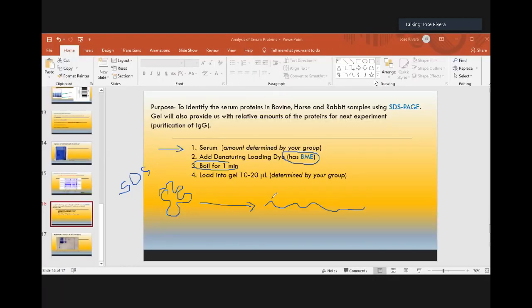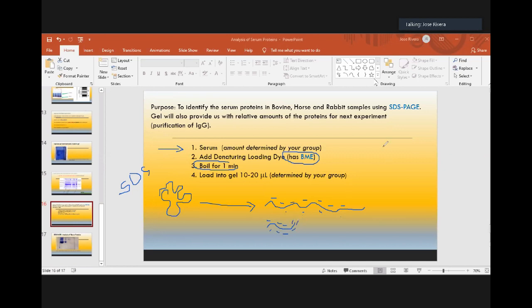The SDS makes this protein negative. And so regardless of the size, the protein is going to be surrounded by SDS charges. And so if the protein is small, it's also going to be negative. And so they carry a negative charge, and they're not native anymore.